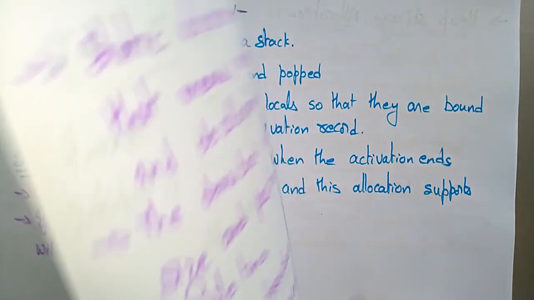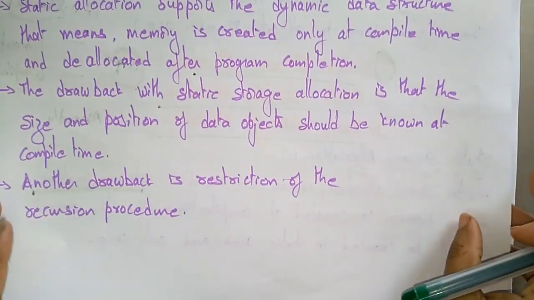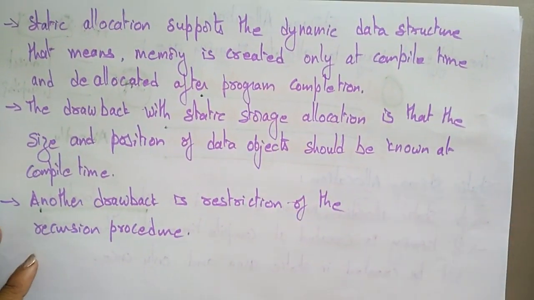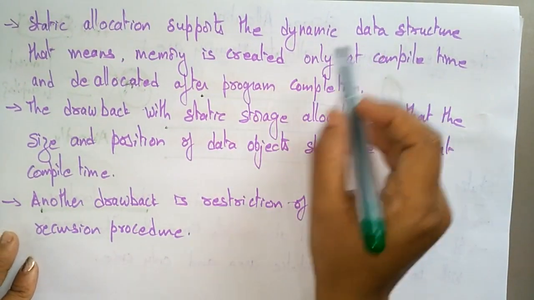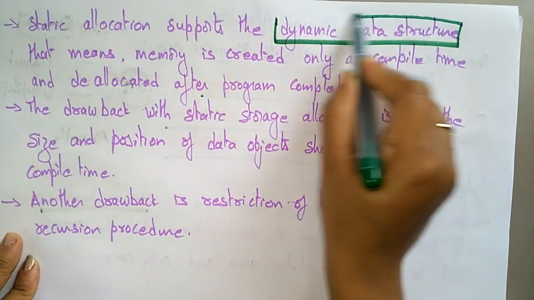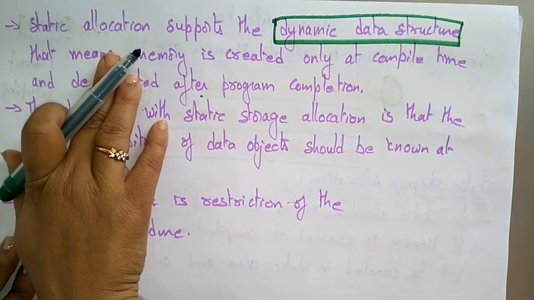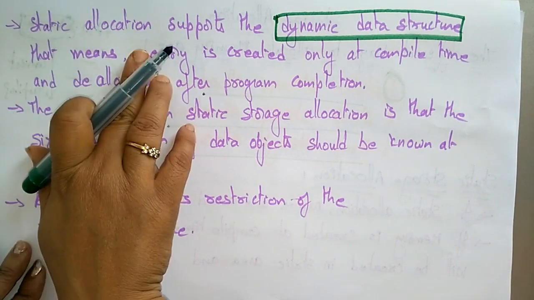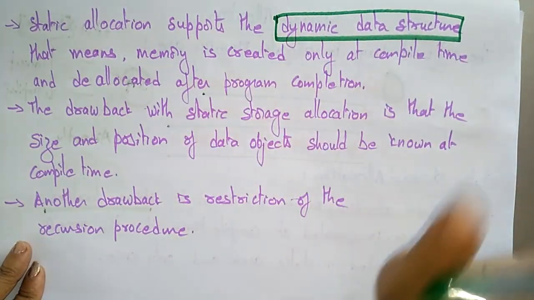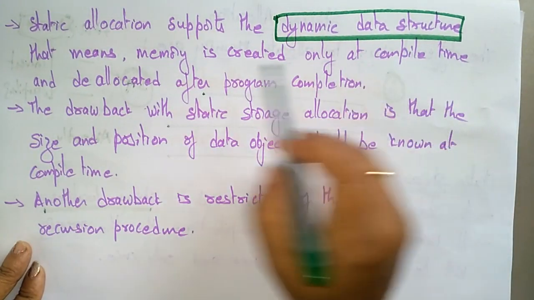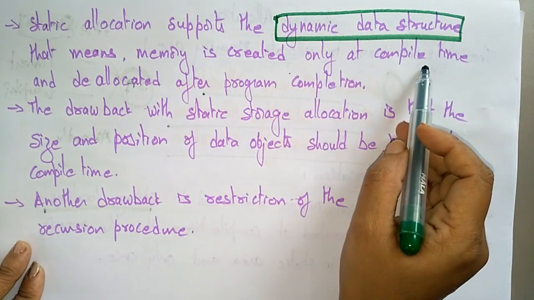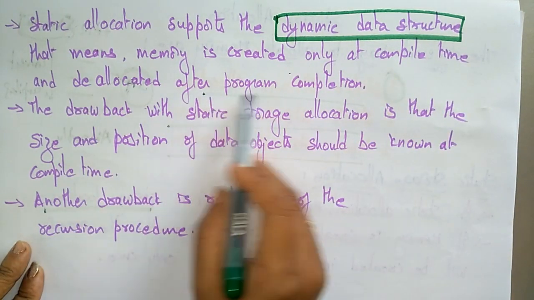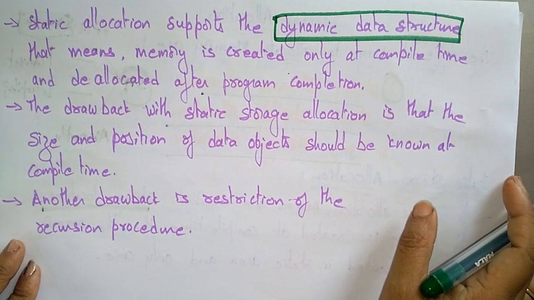If you are using the static storage allocation, the static allocation supports the dynamic data structure. Here we are talking about static allocation, but it supports the dynamic data structure also. That means the memory is created only at compile time and deallocated after the program completion.